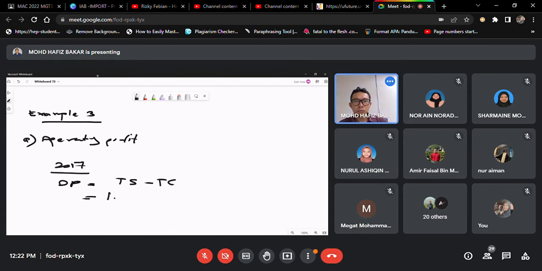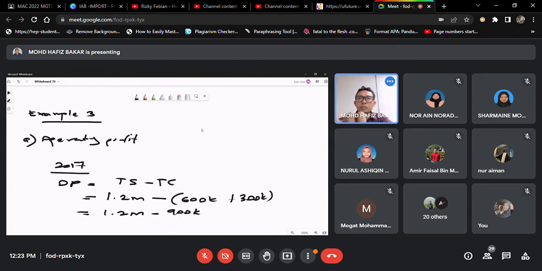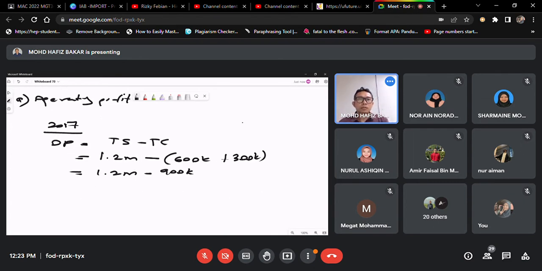So 1.2 million minus total cost, 600k plus 300k. So total 1.2 million minus 900k, 300k. So this is operating income, operating profit for 2017.